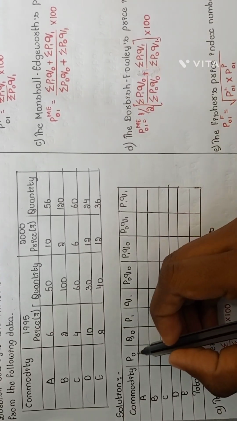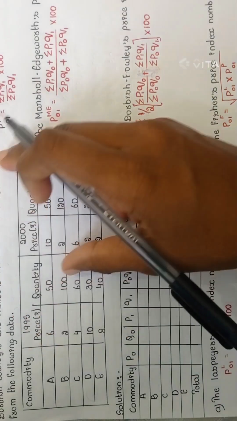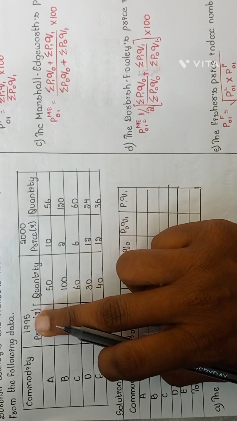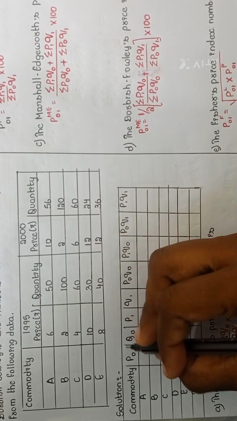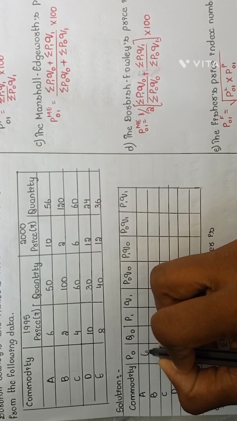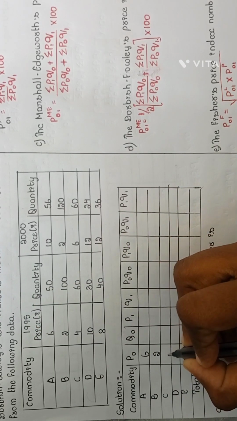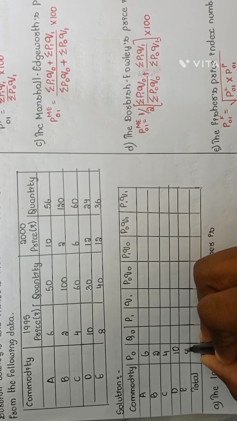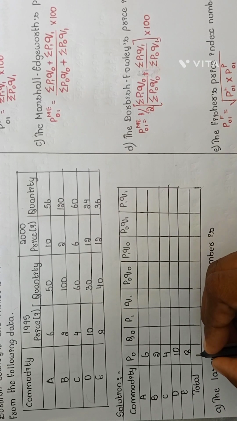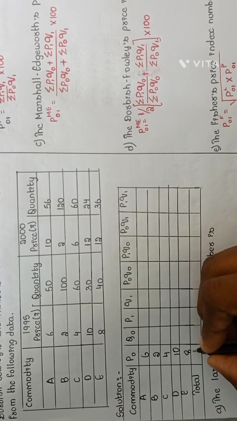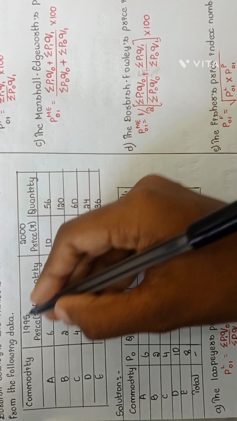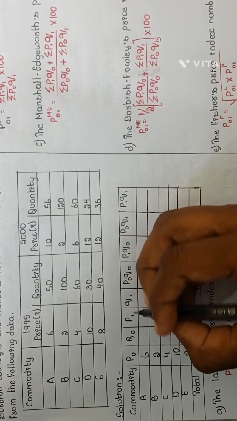First, we have to write whatever they have given in the question. So P0 is the price in the year 1995. So P0 is 6, 2, 4, 10 and 8. There is no need to do the total of P0, so let's write it as nil. And Q0 is the quantity in the year 1995.